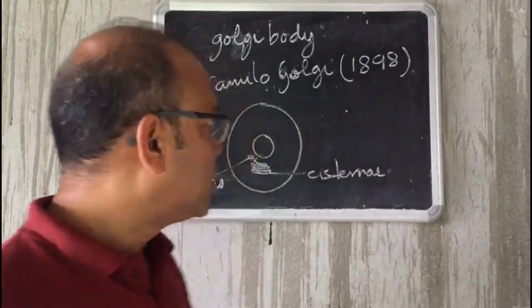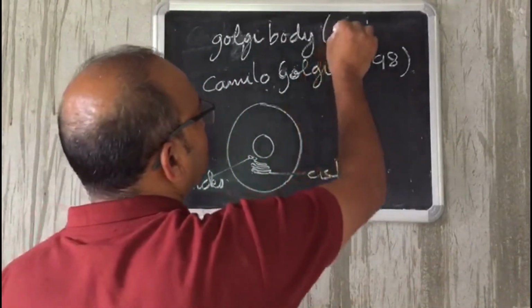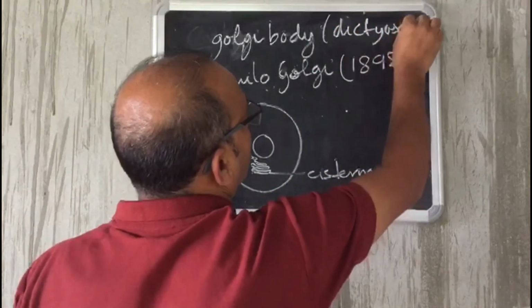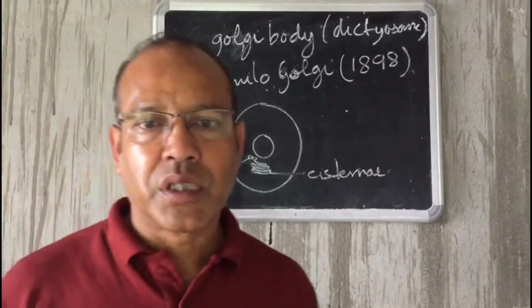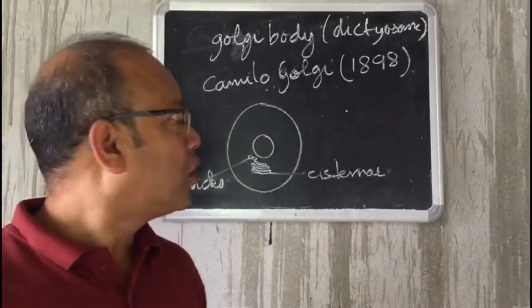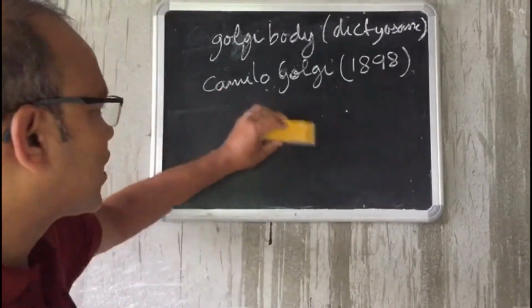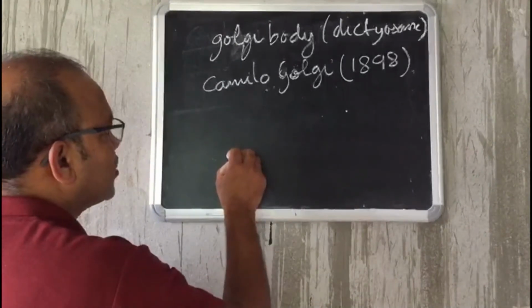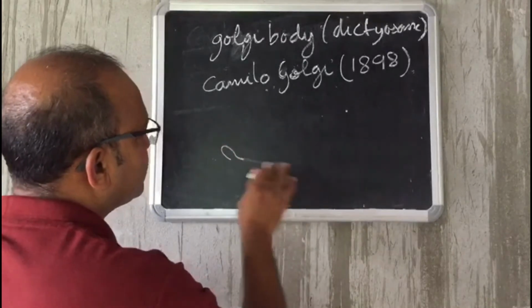In plants, the Golgi body is called dictyosomes. In the case of plants, it is known as dictyosomes. So Golgi body is basically made up of cisternae and vesicles. Let's enlarge this structure of the Golgi body like this.